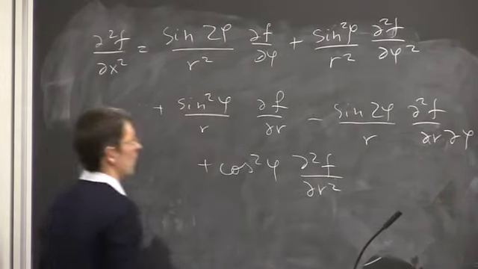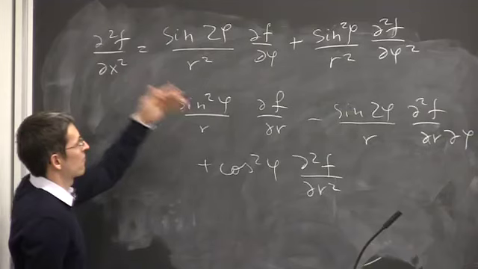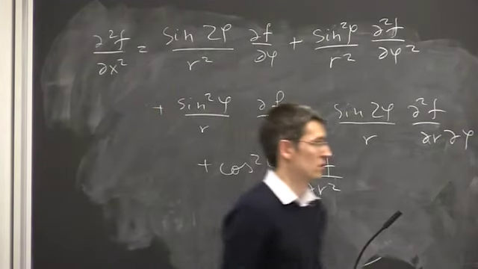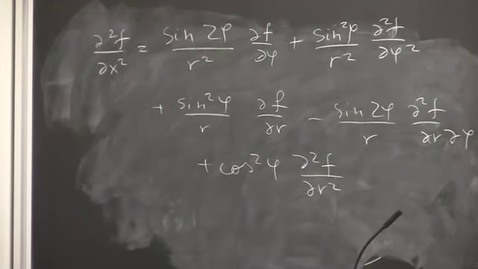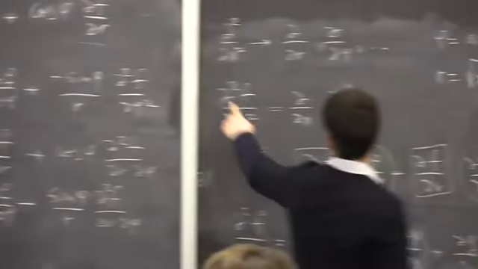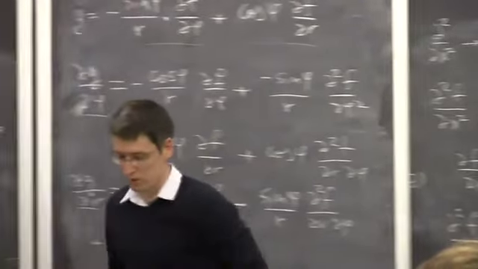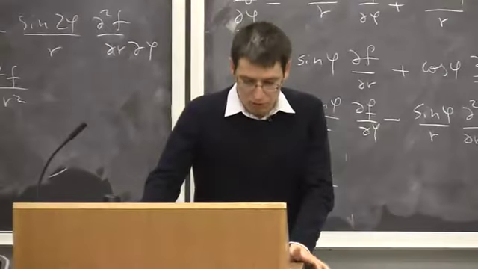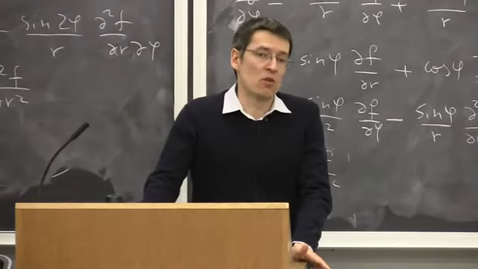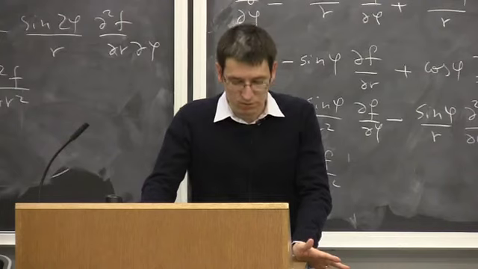Alright, so if you remove f, then you get what the second derivative with respect to x will be in terms of second derivatives with respect to phi and r.